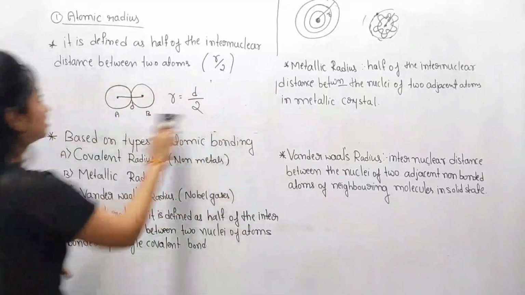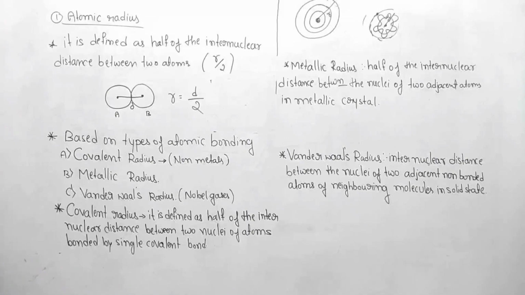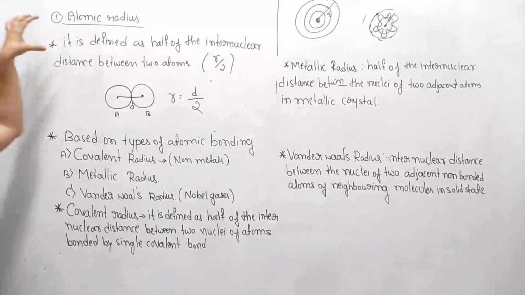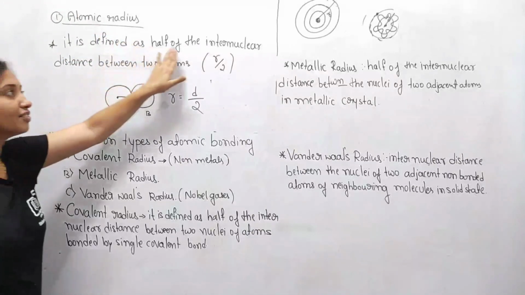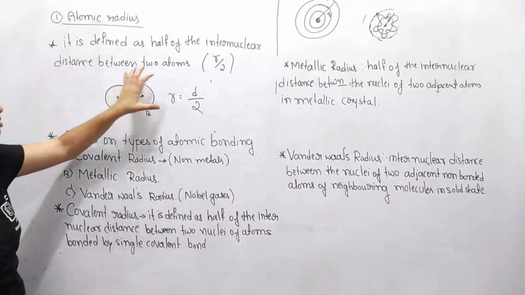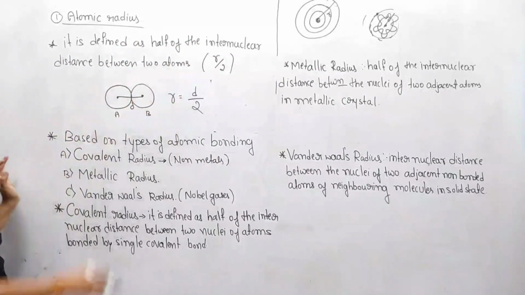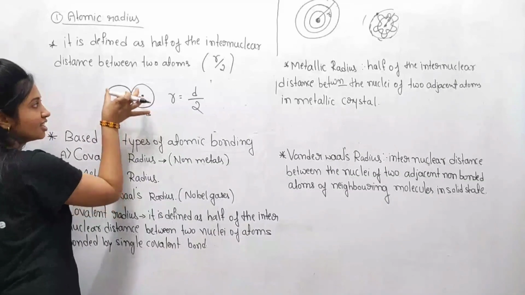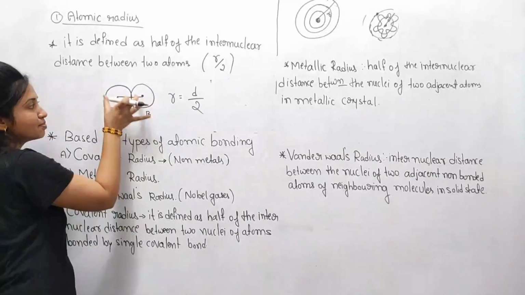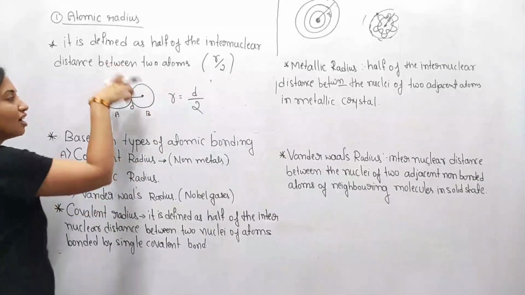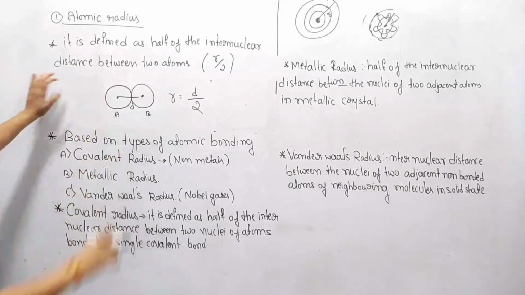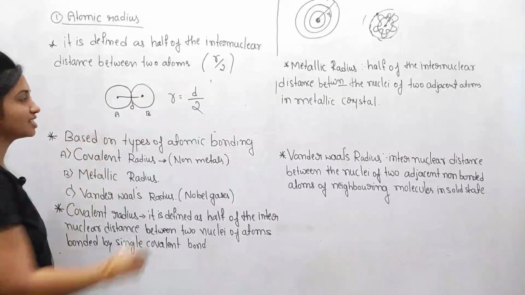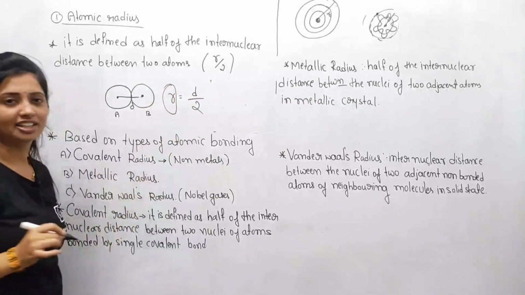I wish to state the definition of atomic radius here. Atomic radius is defined as half of the internuclear distance between two atoms. So these are the two atoms. This is the internuclear distance between these two atoms, and half of this internuclear distance is called the atomic radius.